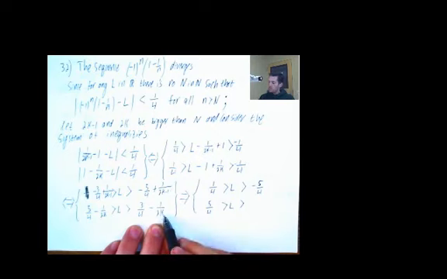So this pair of inequalities has no solution. Right? There is nothing between 5/4 and 1/4, which is also between 1/4 and -5/4. 1/4 doesn't work because we didn't have an equal sign here.